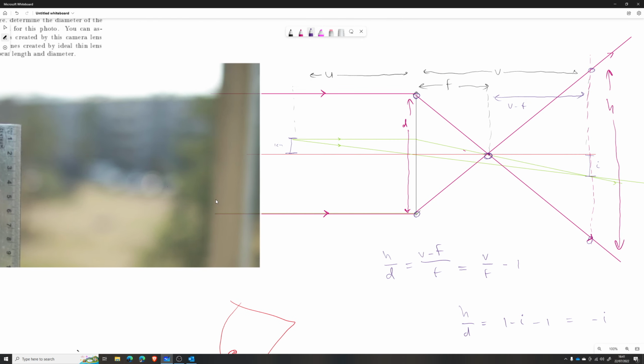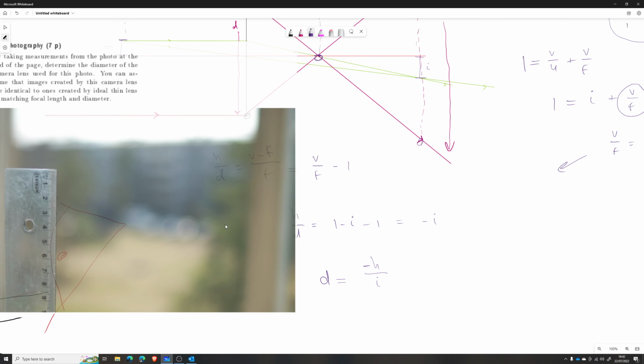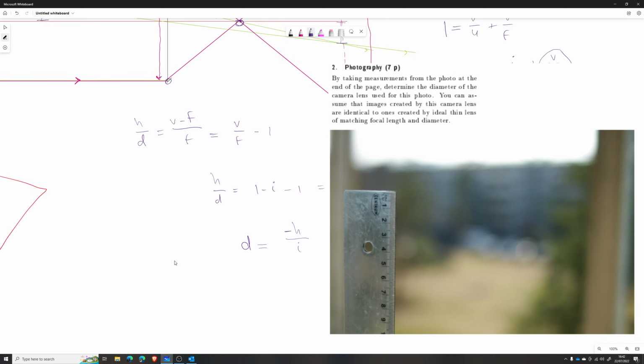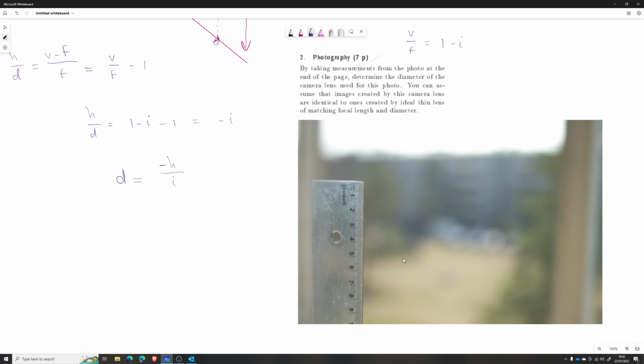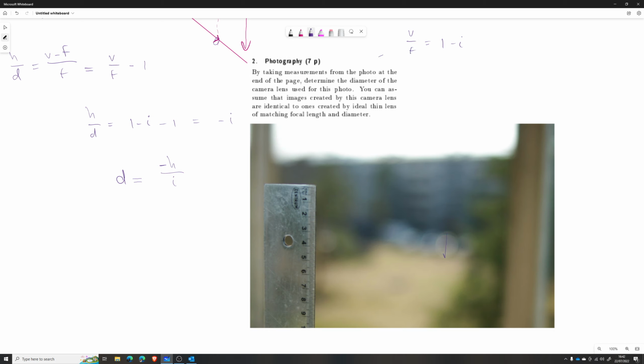But the actual image formed inside the camera would have been inverted. So if I just drag this over here, what that means is that the diameter of my lens is the height of one of these divided by the length of 1 centimeter, and that will give me the diameter of the lens in centimeters.